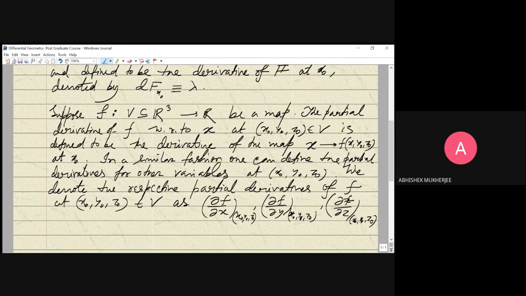And likewise, we can also define partial derivatives at all points of V.